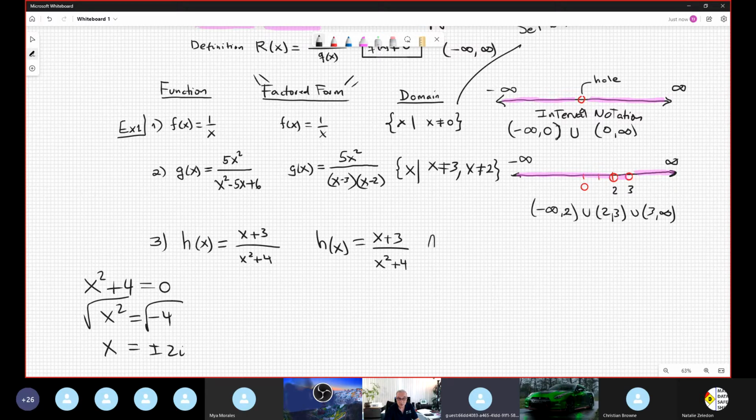You put in English all real numbers, or in interval notation, from negative infinity to positive infinity. Guys, everything in algebra, when you try to find something, you set up the equation.